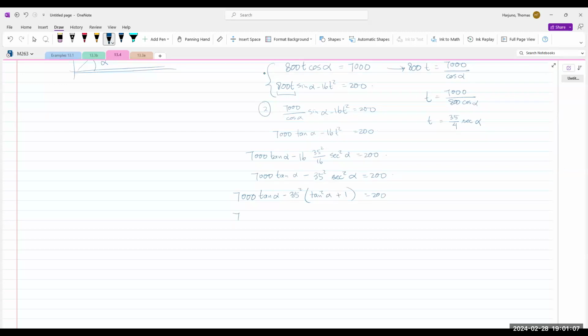So that I have 7,000 tangent alpha minus 35 squared tangent squared alpha minus 35 squared equals 200. Basically, now I have a quadratic equation with tangent alpha.